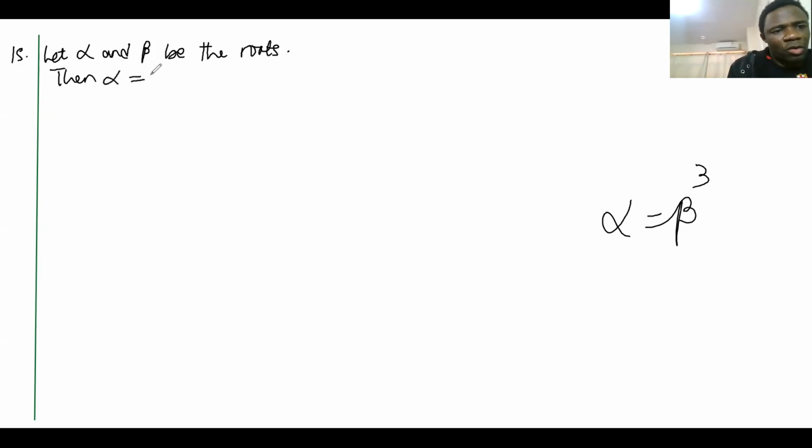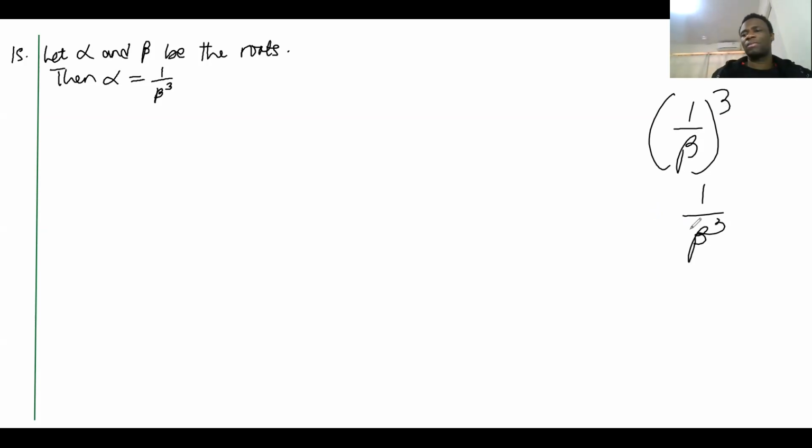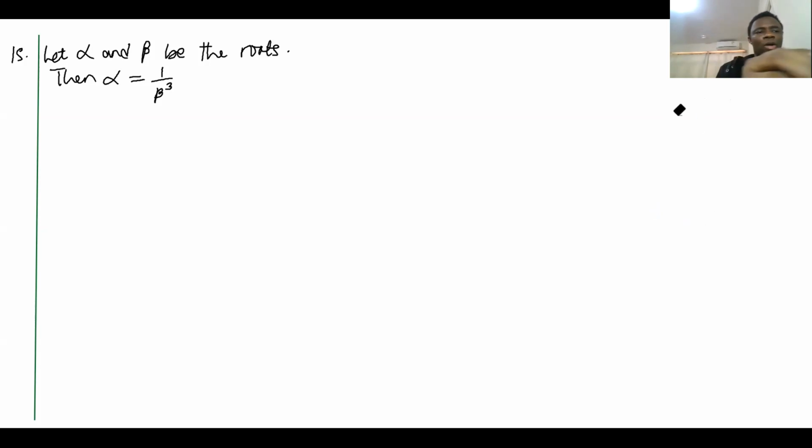Then alpha equals 1 over beta cube. Why do you say 1 over beta cube, Justin? It says cube of the reciprocal. Reciprocal is when you flip it. Cube of the reciprocal means after you flip it, you cube it. So that's 1 over beta cube. Does that make sense? Yes. All right, good. So we have that.